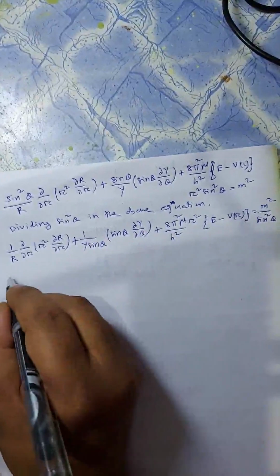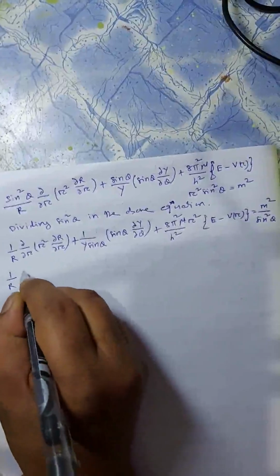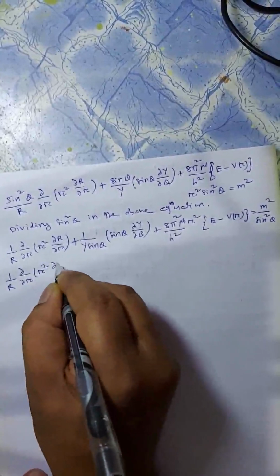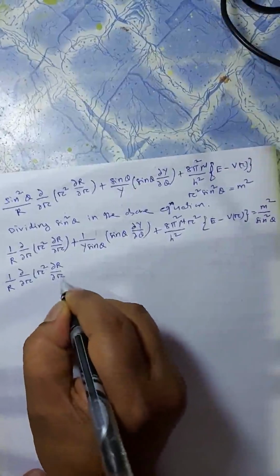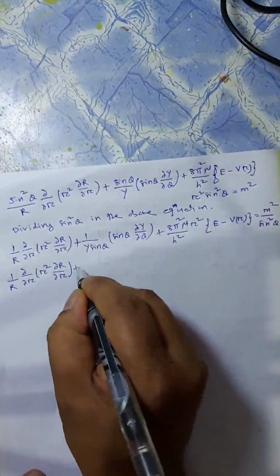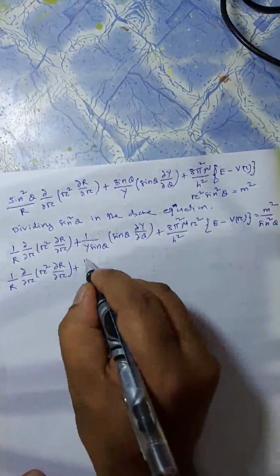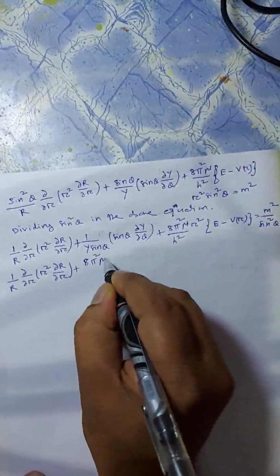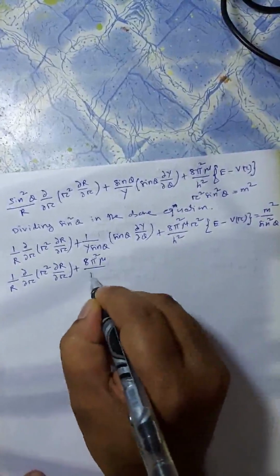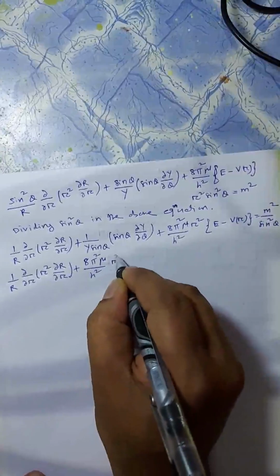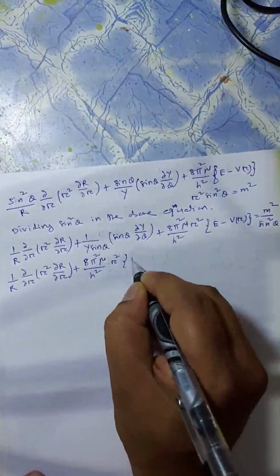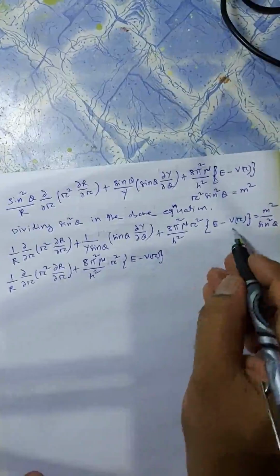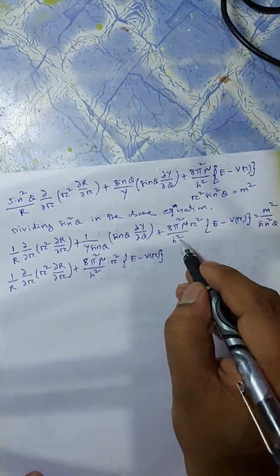Okay, then what we get? 1 by R dou by dou r, r square dou R by dou r, plus I take this one, 8 pi square mu by h square, r square bracket E minus V(r), minus.